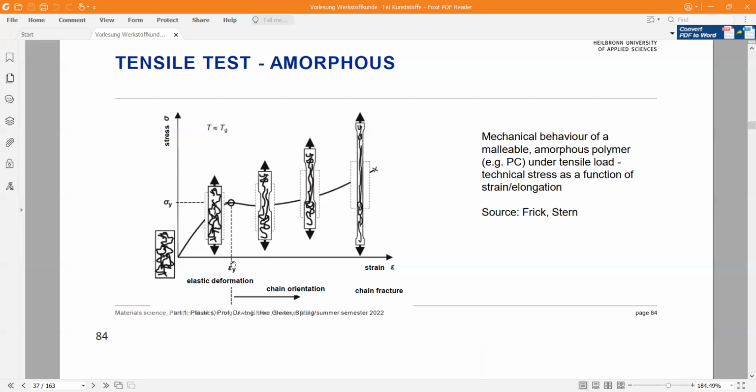So until the yield point it grows quite linearly, then we have a slight decrease, then it gets nonlinearly high.